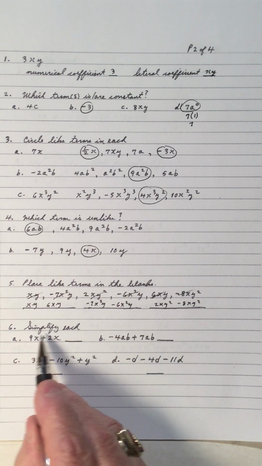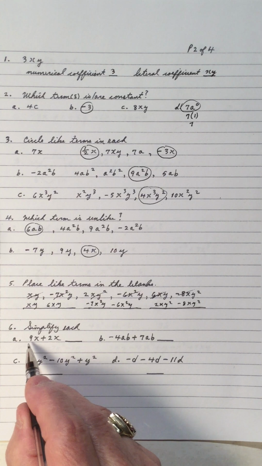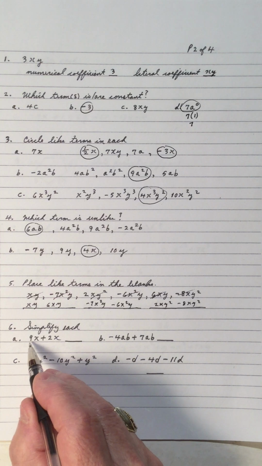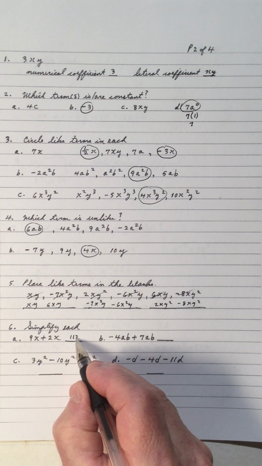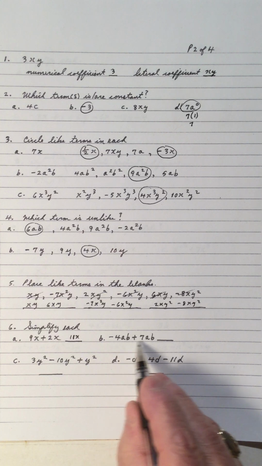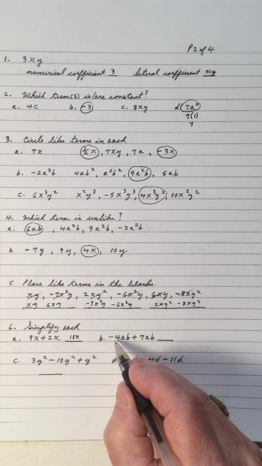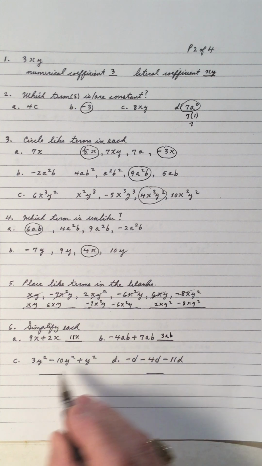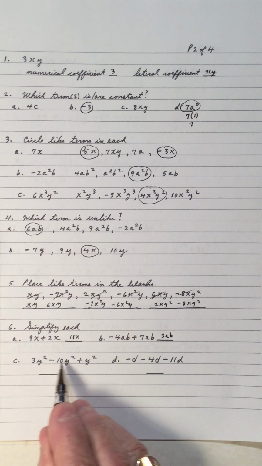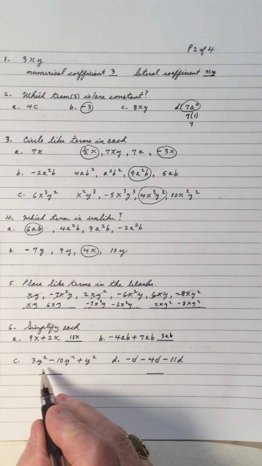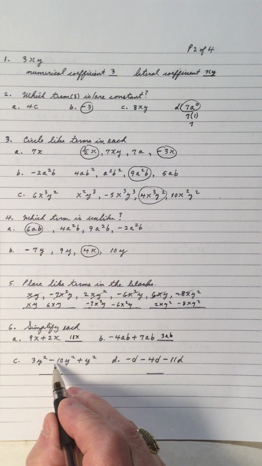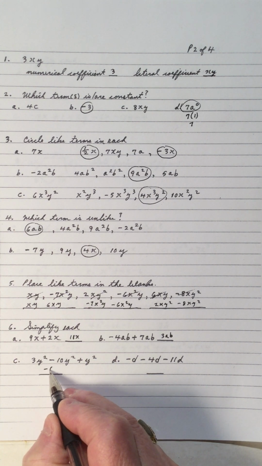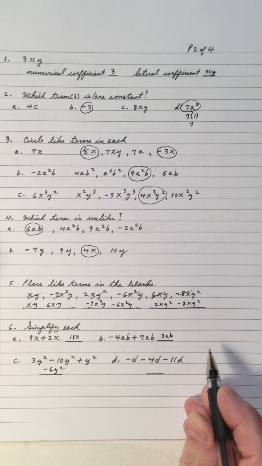And number 6, simplify each. So when we add, we need the same like terms. So that's an x and that's an x, so 9 plus 2 is 11x. And these are like terms, AB, AB, so -4 plus 7 is 3AB. And these are all like terms, so we have 3 minus 10 is -7, plus 1 is -6y squared.